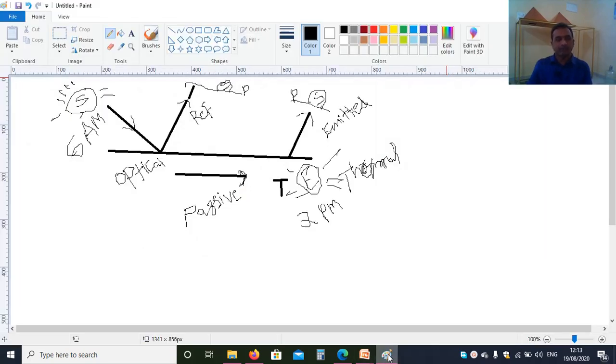See, here at the beginning of the sunrise, means at 6 a.m., the earth surface absorbs the radiation from the sun. Some radiation is reflected from here, some radiation is absorbed.